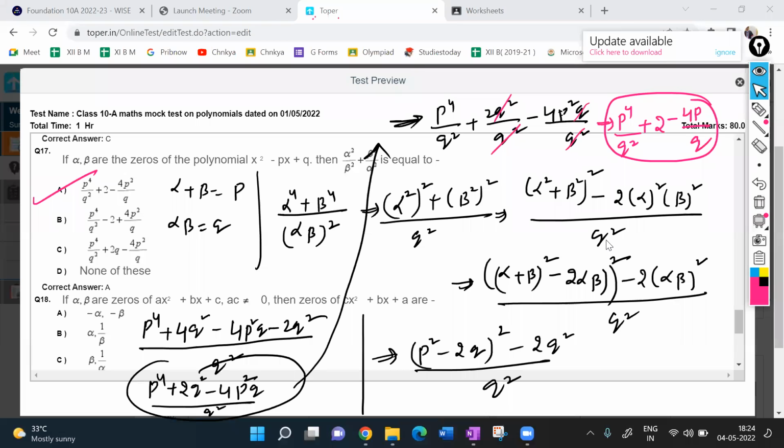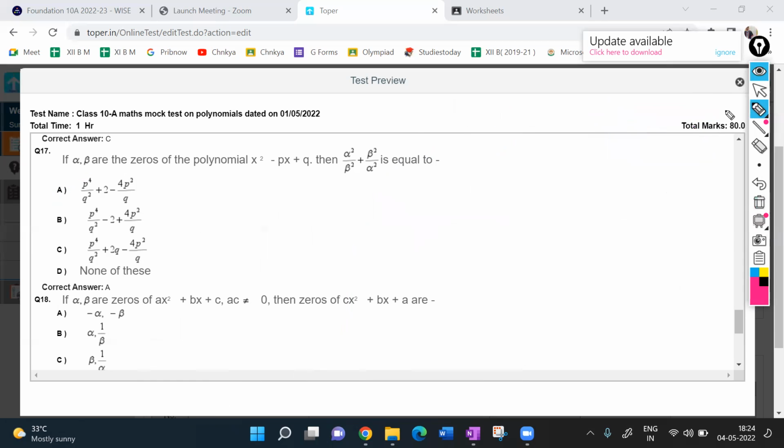Good. Have you all solved in a similar way? Okay. Let me clear the screen. I'm clearing the screen. Let me go forward. Shall I clear? Okay.